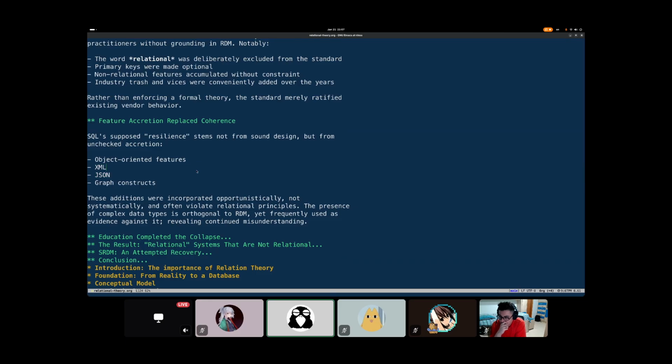Heck, JSON is simpler than XML. And you can implement graphs with just tables. So you can implement with relations, right? And anyway, they didn't care whether those things violated relational principles or not, but they were basically there to try to create some.